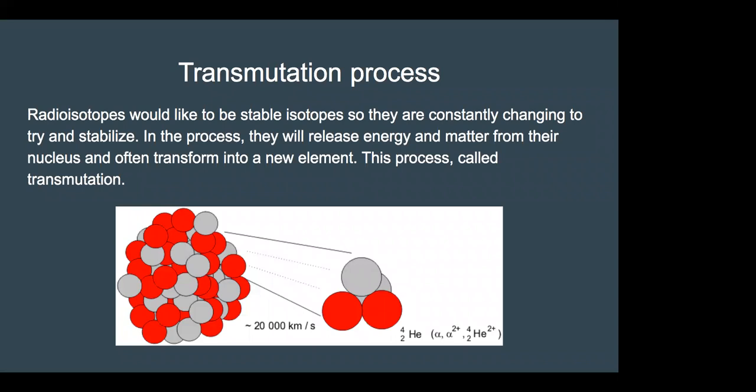This process is called transmutation, the change of one element into another as a result of changes within the nucleus. The radioactive decay and transmutation process will continue until a new element is formed that has a stable nucleus and is not radioactive.